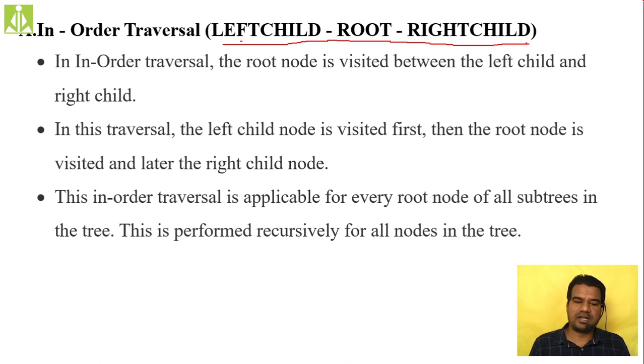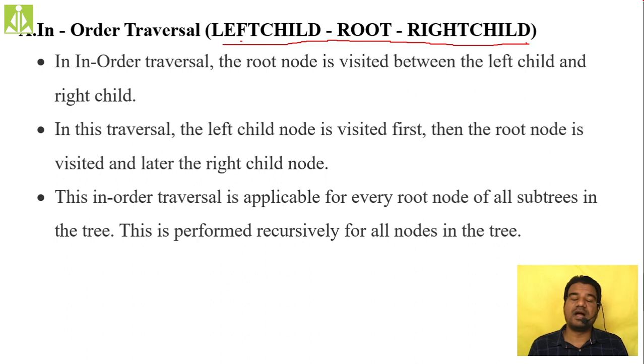This in-order traversal is applicable for every node of all subtrees in the tree. What you do at the root node, the same thing you have to repeat at every node, not only of the tree but also of the subtrees.